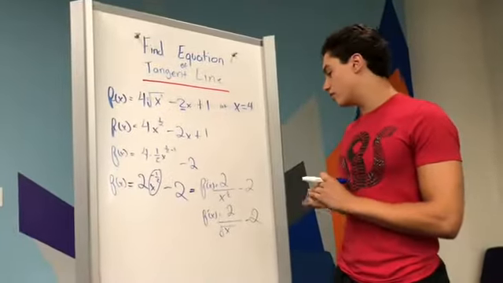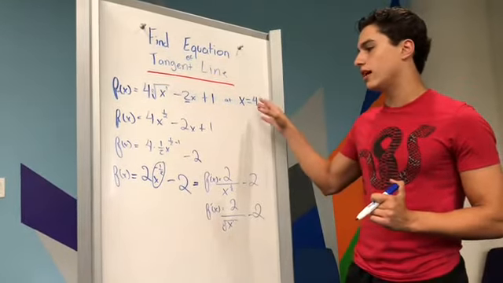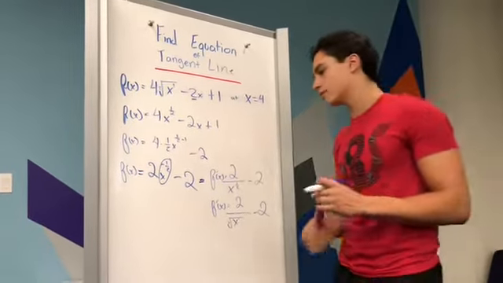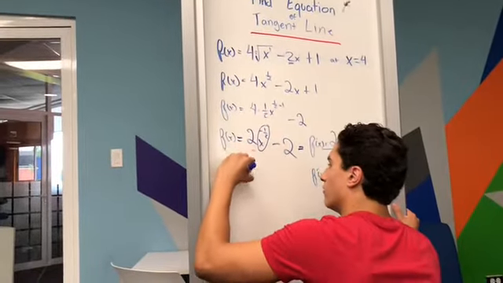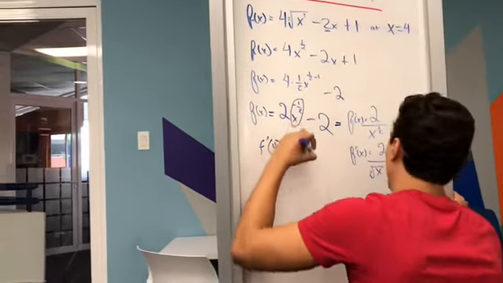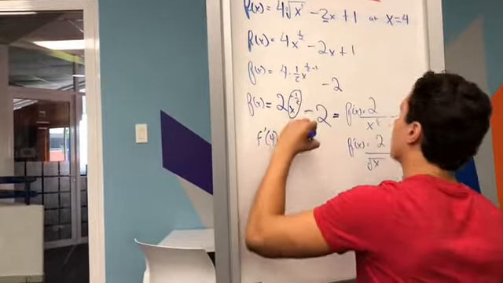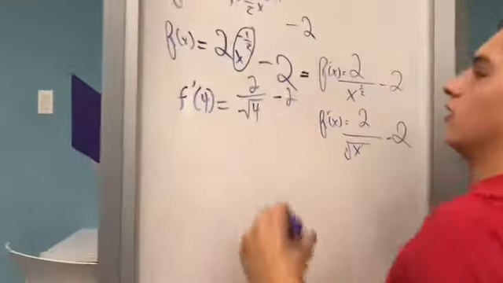Now that we have the differentiated equation, we need to plug in the x so we can get the slope. So it's gonna be f prime of 4 is equal to 2 over square root of 4 minus 2.